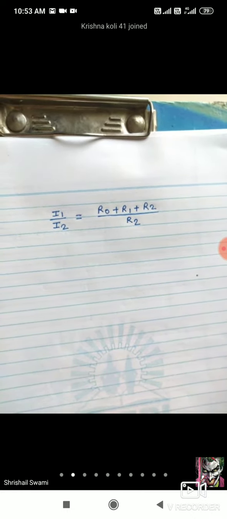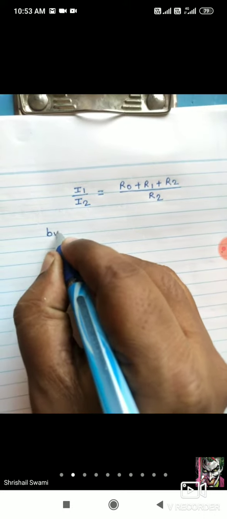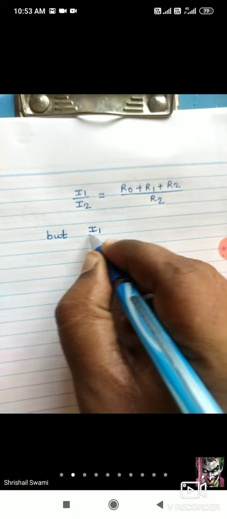Understood? But in the relation between Napier and decibel, what we assumed in the last lecture derivation: I1 upon I2 is equal to V1 upon V2 is equal to N, where N is the Napier.